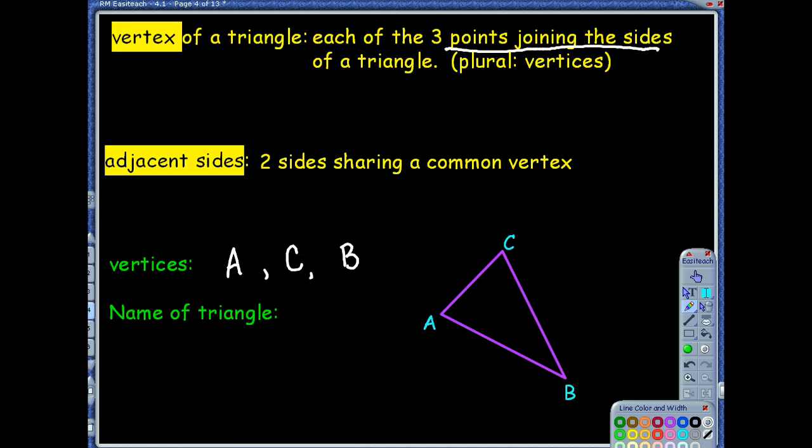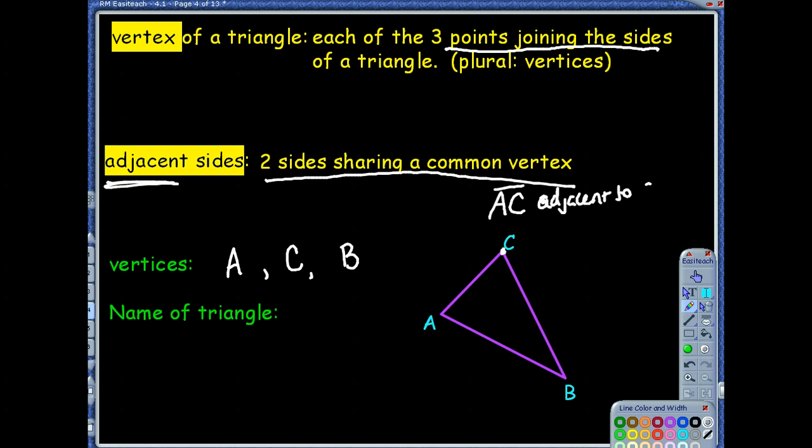The adjacent sides, when we're talking about adjacent, you've seen this vocabulary word before. Adjacent is when you have 2 sides that share a common vertex. We've talked about adjacent angles. We've talked about things that are right next to each other. That's kind of the same idea when you're talking about sides of a triangle. They're adjacent if they're right next to each other, if they share a common side. So what would be an example in this triangle? Well, in this triangle, if I look at side AC, it would be adjacent to side CB.